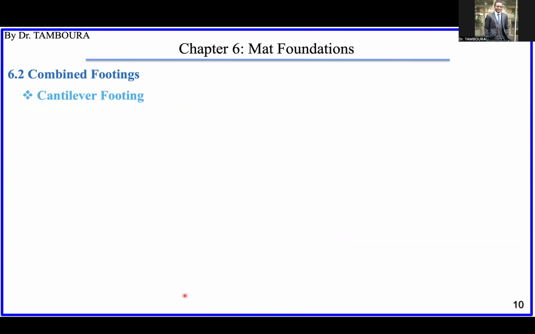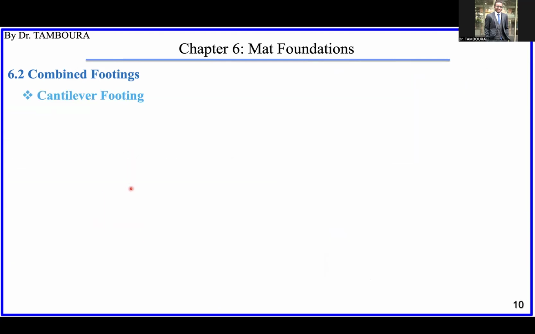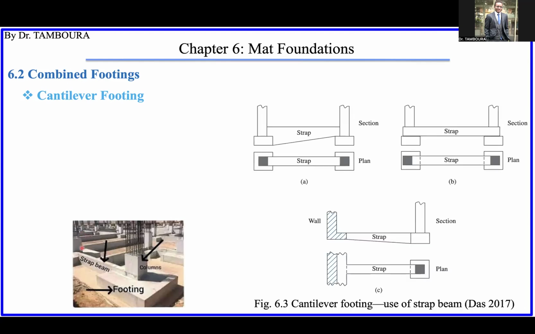I didn't give the solution for B1 and B2 here, but you combine these two equations and you will be able to find it easily. Let's now go for this type of footing, a cantilever footing, this one, where you have a strap beam connecting two footings like this, and each footing receiving a column.